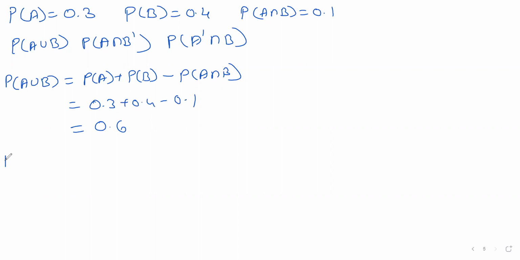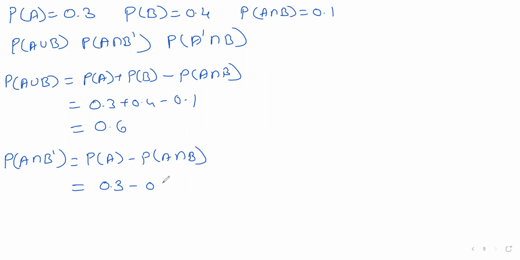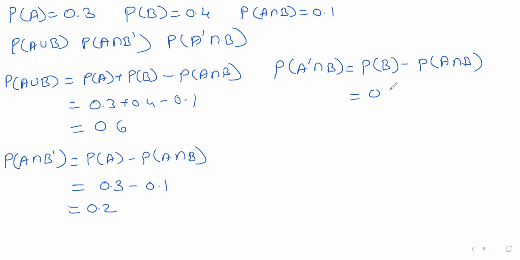Then P of A intersection B complement is P of A minus P of A intersection B. 0.3 minus 0.1, 0.2. This will be A intersection B. So that will become 0.4 minus 0.1. Your answer is 0.3.